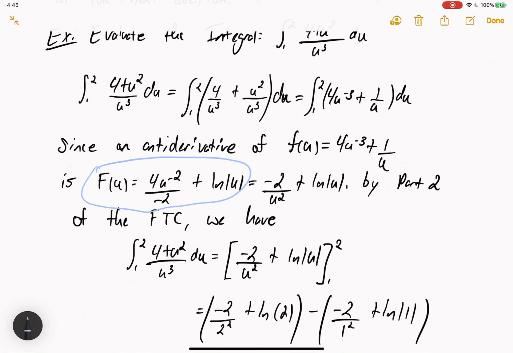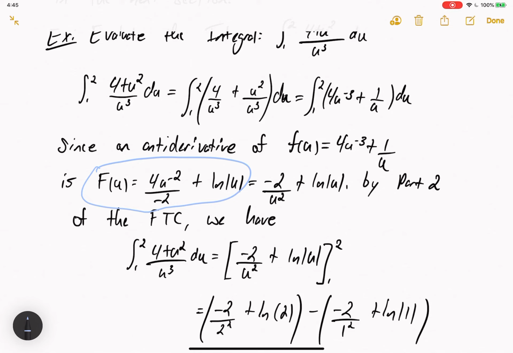For u to the negative 3, finding an antiderivative is basically the opposite of the power rule. The power rule says when you take a derivative, you bring down the exponent and subtract 1. So the antiderivative adds 1 to the exponent, then divides by the new exponent.